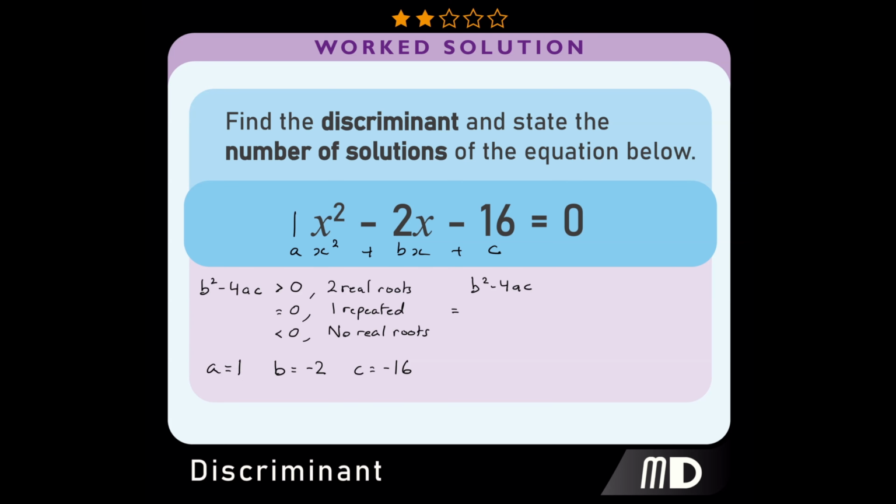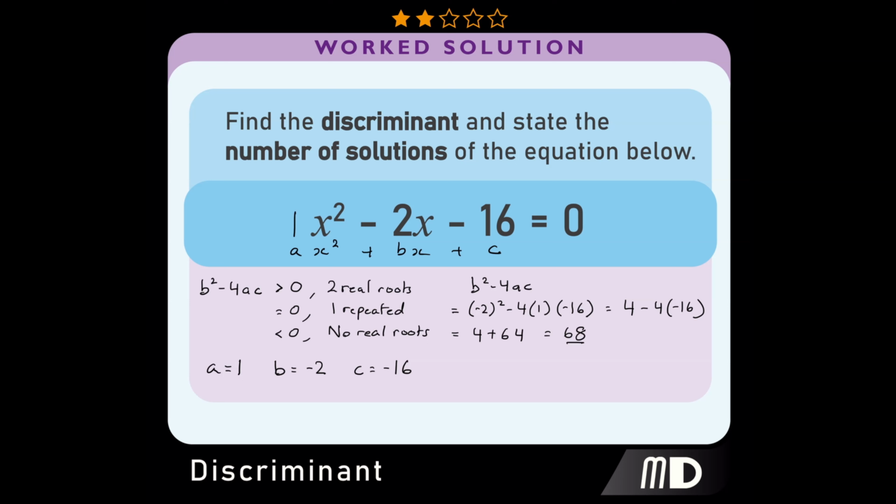So substituting our values for a, b, and c, that gives us minus 2 squared minus 4 multiplied by 1 multiplied by minus 16, which simplifies to 4 minus 4 multiplied by minus 16, and 4 plus 64, which is equal to 68.